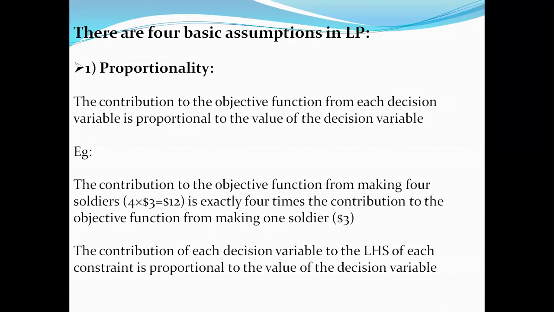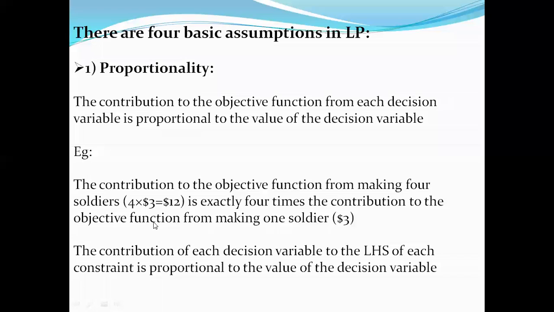So the contribution of each decision variable to the left hand side is very much proportional to the decision variable. The objective function from the decision variable is proportional to the value of the decision, to obtain the result as 12 on the LHS.